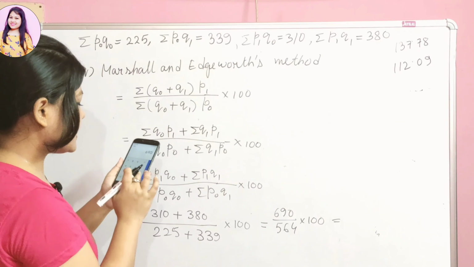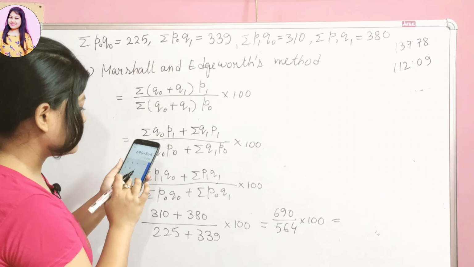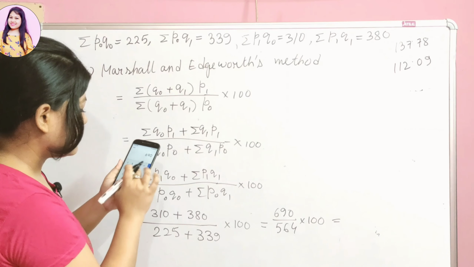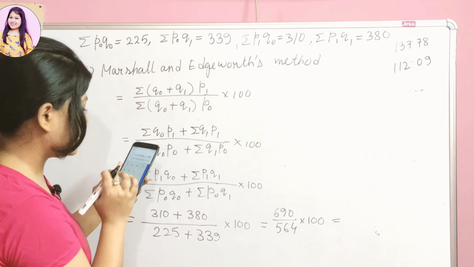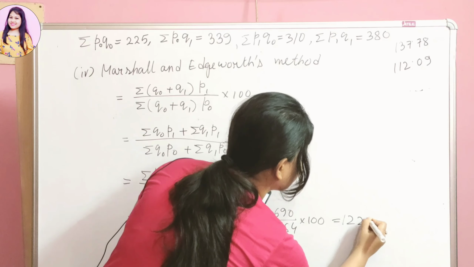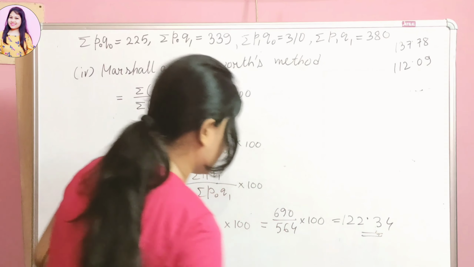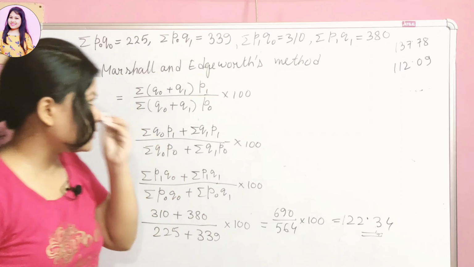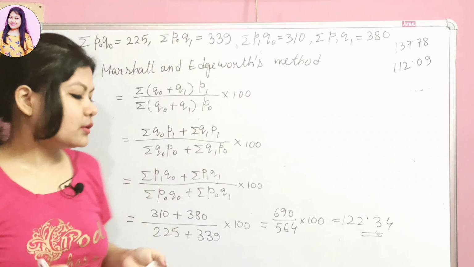Now 690 divided by 564 into 100, and this value is equal to 122.34. So we have found the fourth one.